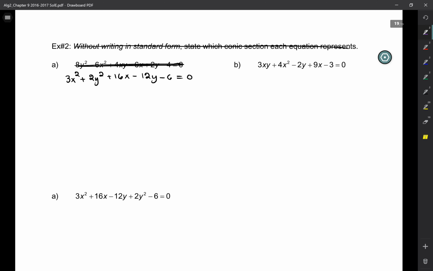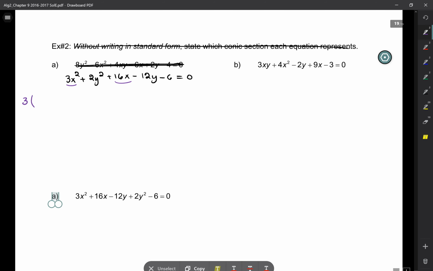Okay? So we're going to combine the x terms, and it's going to be 3x squared plus 16x. But remember, I need to factor out a 3, right? Because x squared has to be alone. So it's 3 times x squared plus 16 over 3 x plus a number.